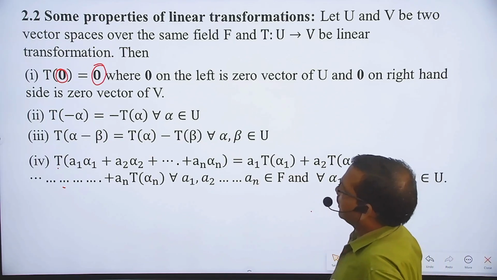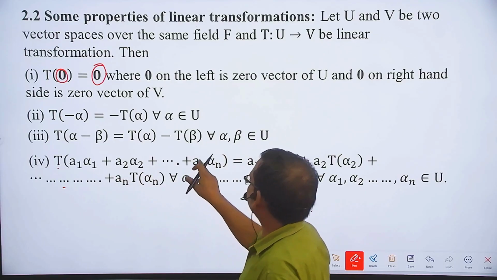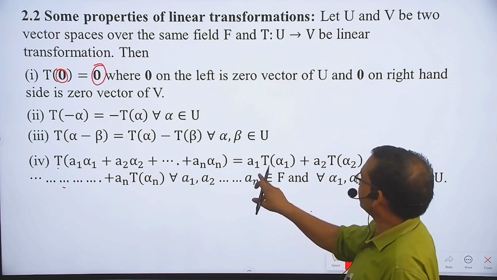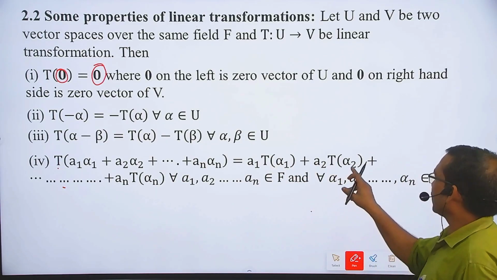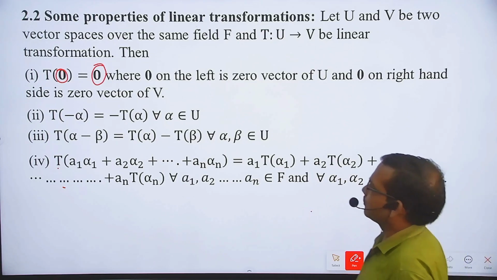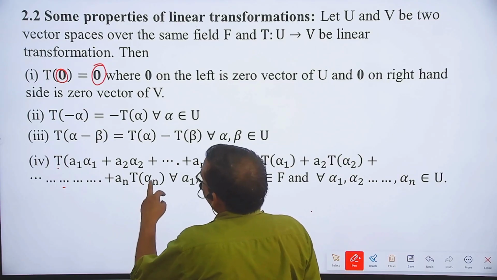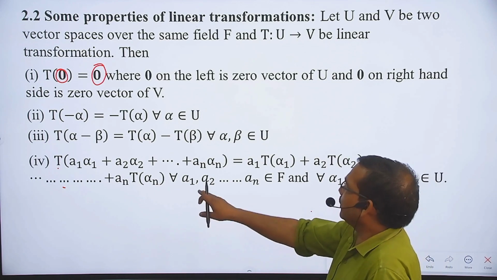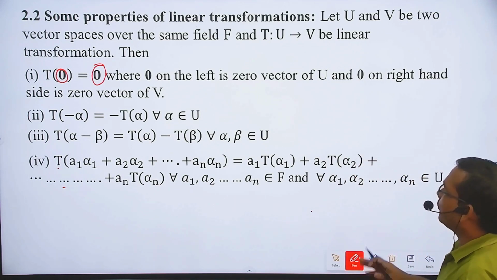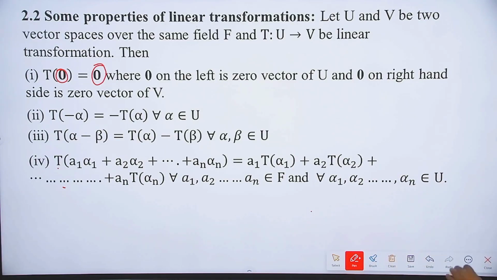That means T(a1α1 + a2α2 + ... + anαn) is equal to a1 multiplied by T(α1) plus a2 T(α2) plus so on, and in the last an is multiplied by T(αn), where a1, a2, ..., an are elements of the field, and α1, α2, ..., αn are vectors belonging to the domain.